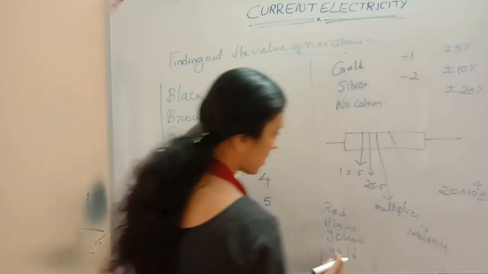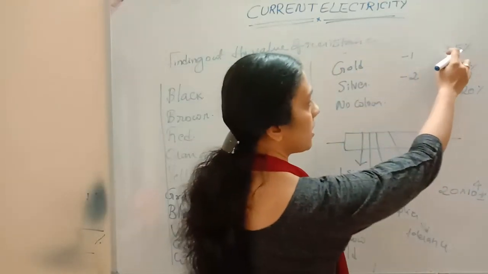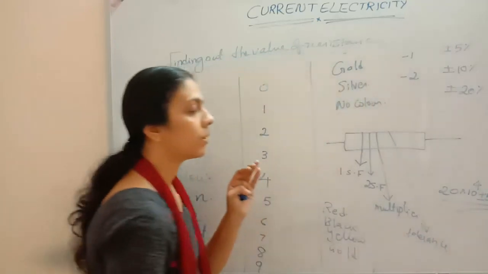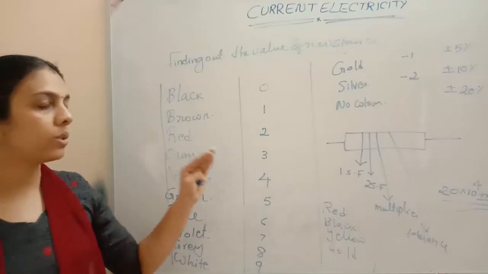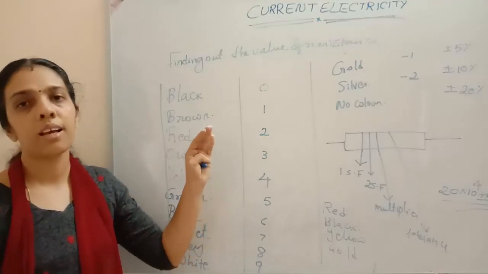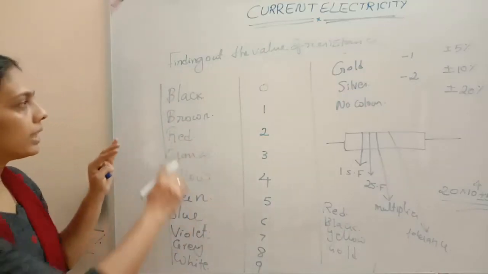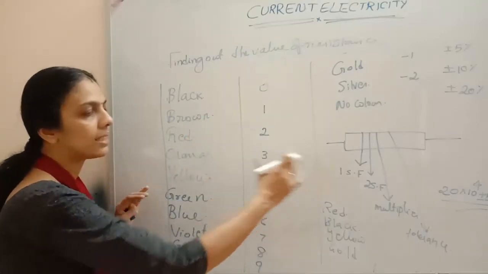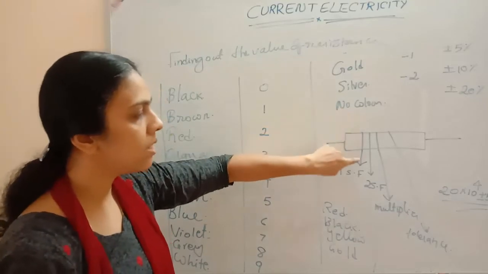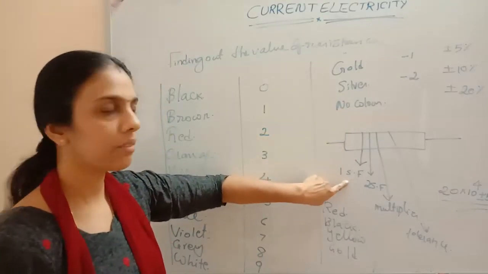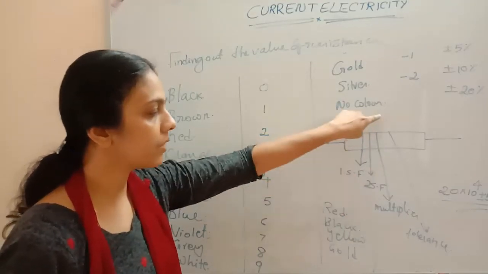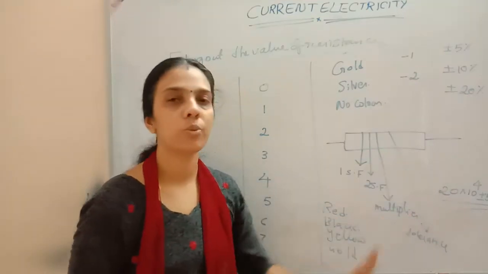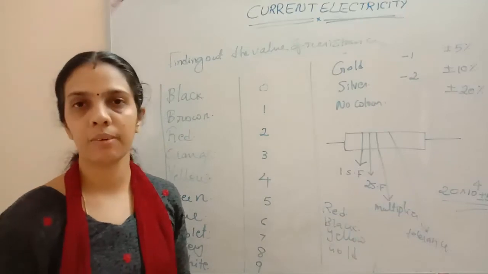Next is gold, and the tolerance value is plus or minus 5%. Clear? So first you should understand: the first color represents the first significant figure, the second the second significant figure, the third the multiplier 10 to the power, and the last one the plus or minus tolerance level.